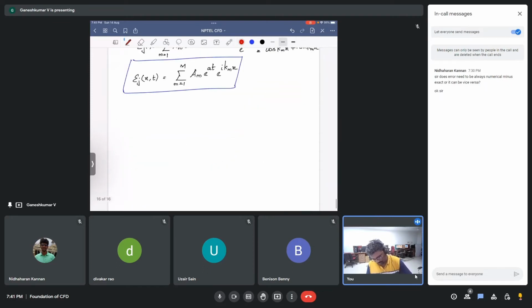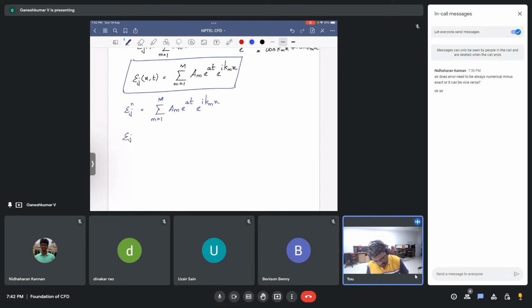So how would we write the Fourier series term for epsilon j at n? It would be the same: a_m e power at e power I k_m x.